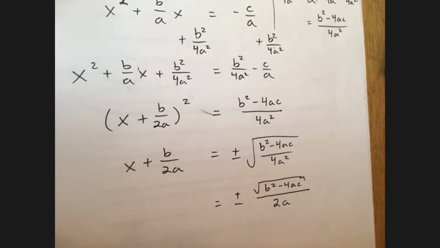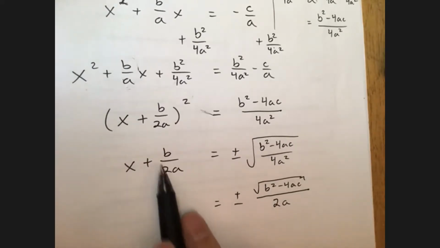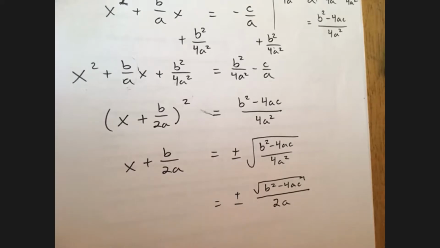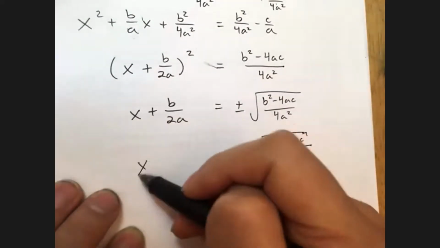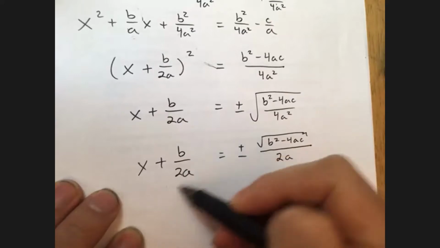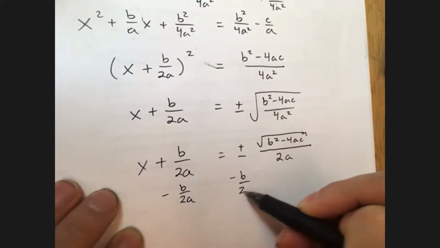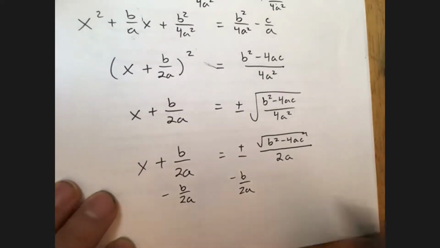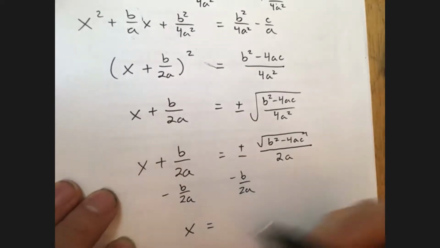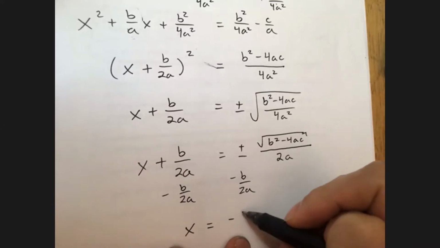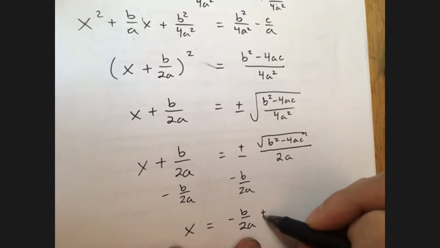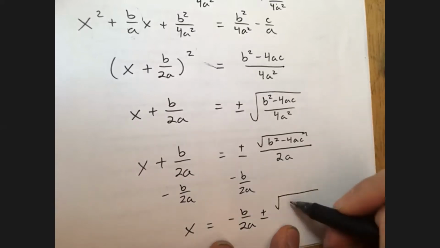And all that's left now is to subtract b over 2a from both sides. So if I subtract b over 2a from both sides, we get x equals negative b over 2a plus or minus that stuff.